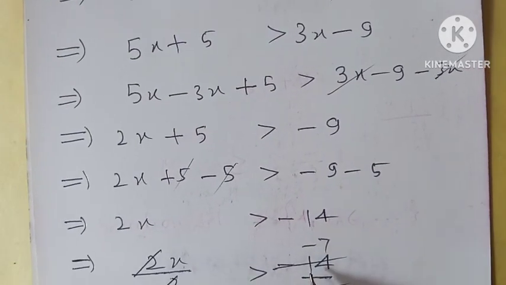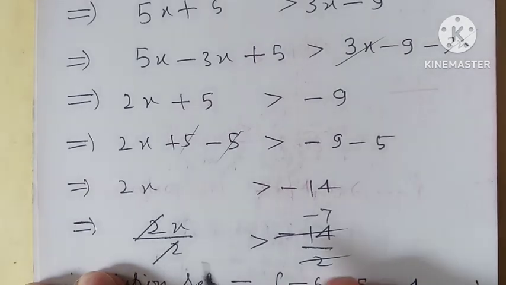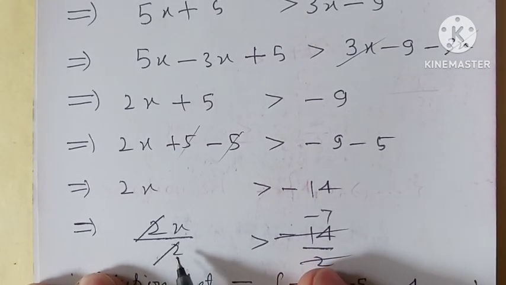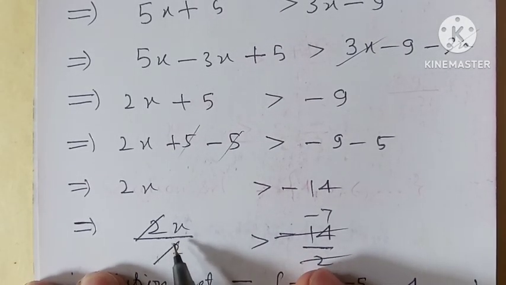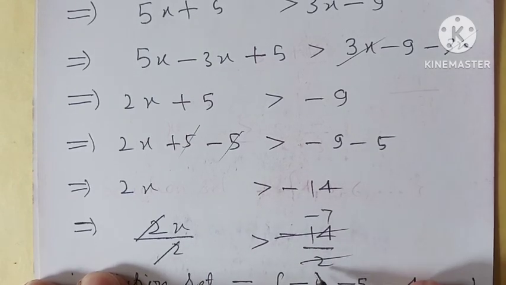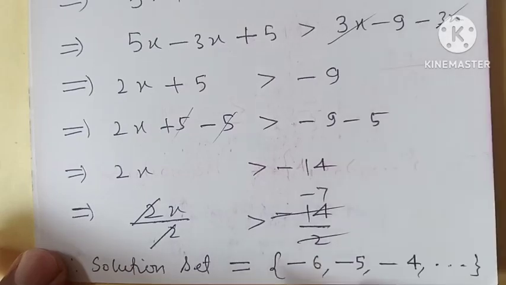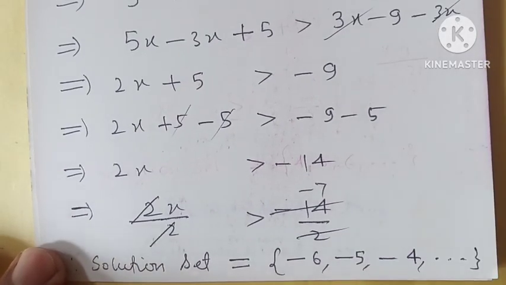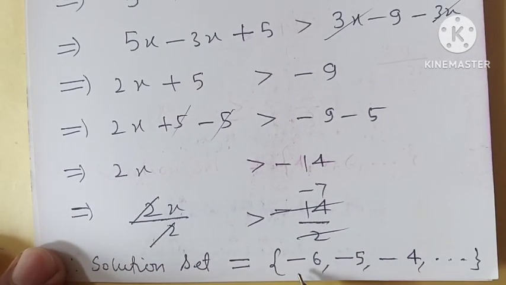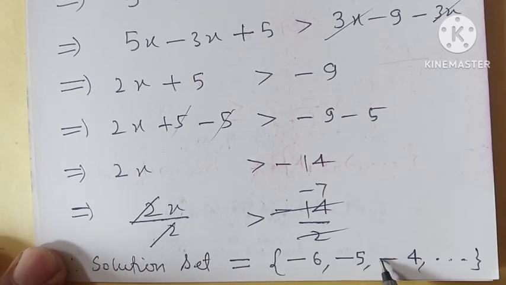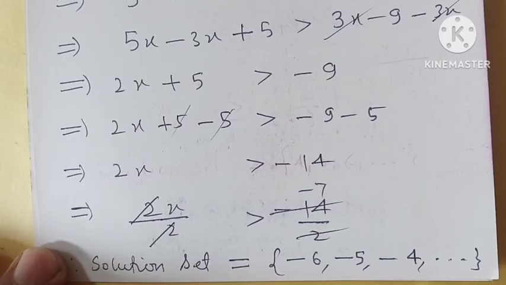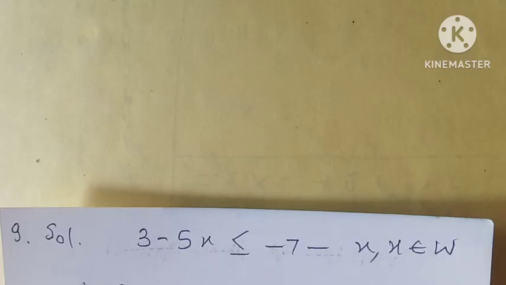So 2x is more than minus 14. Now we divide both sides by 2. So we cancel and minus 14 upon 2 is minus 7. So x is an integer more than minus 7. So the solution set is minus 6, minus 5, minus 4 and so on.